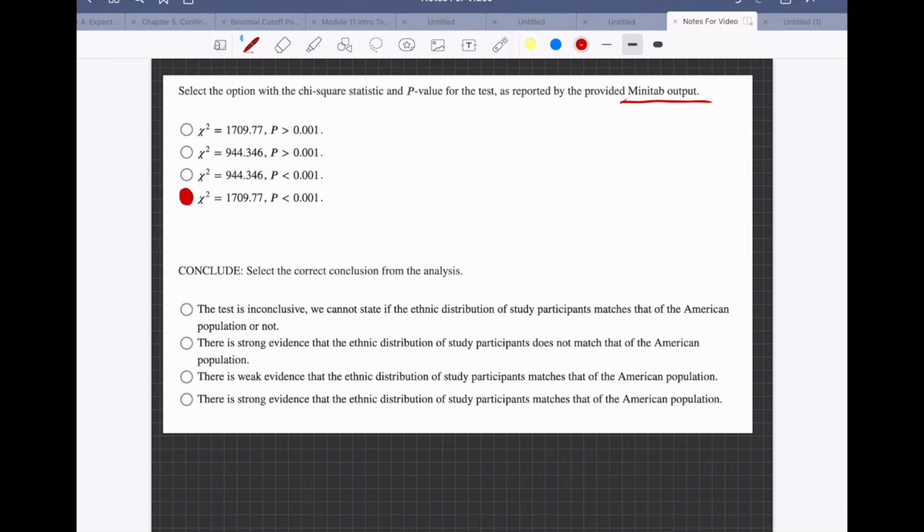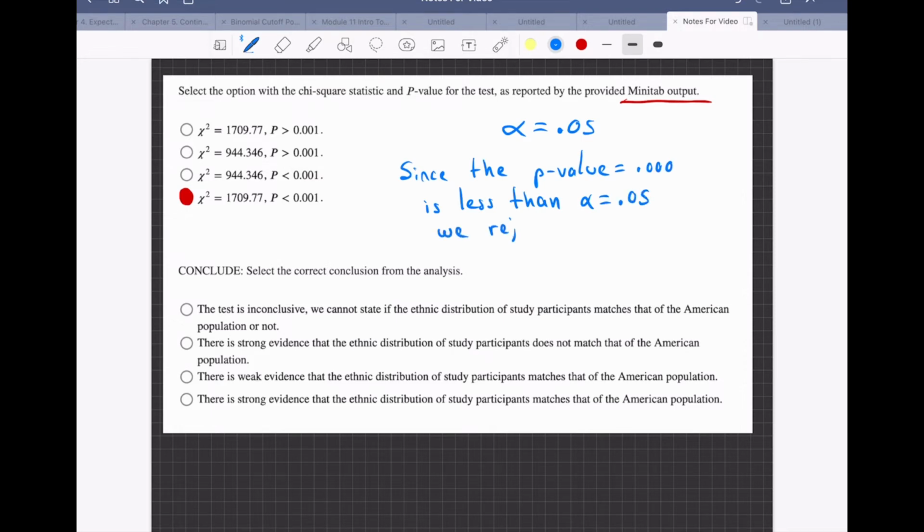Using alpha equal to 0.05, do we reject the null hypothesis? Yes. Why? Since the p-value, that is 0.000, is less than alpha 0.05, we reject H null.